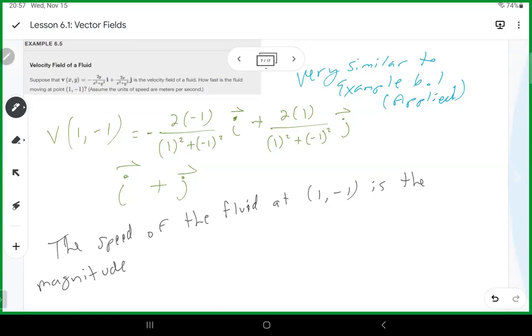Magnitude. Words, my friends, words, of this vector.